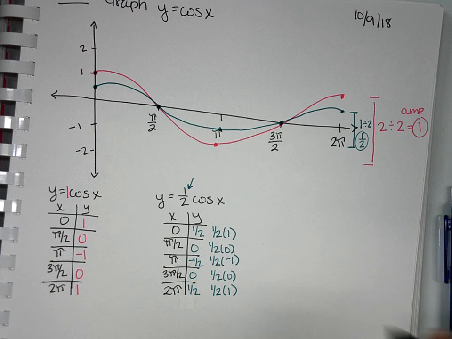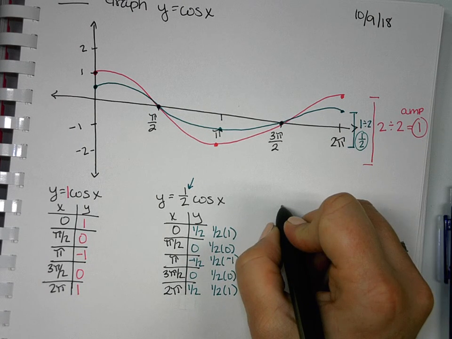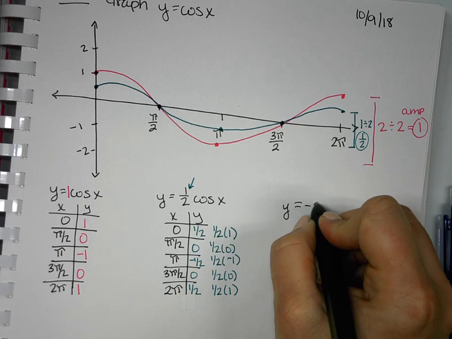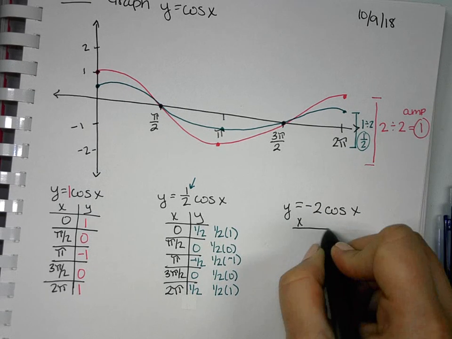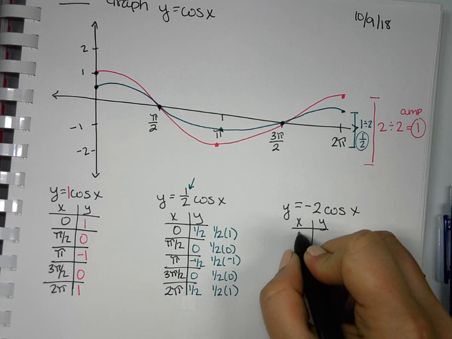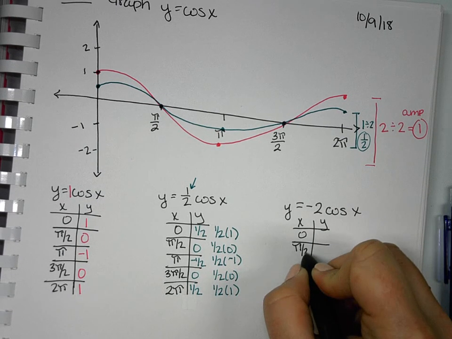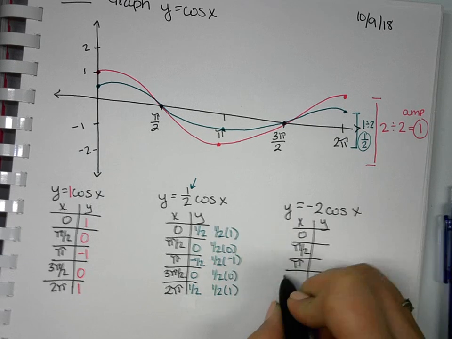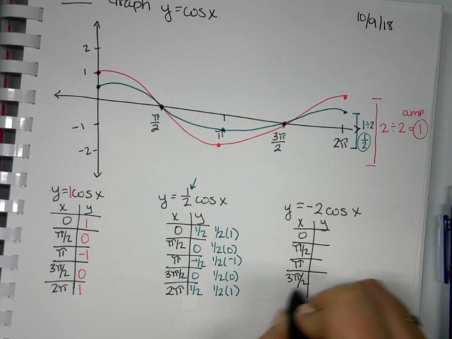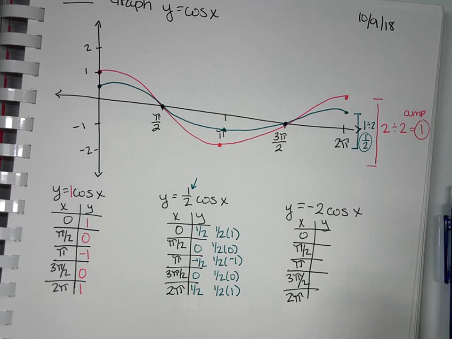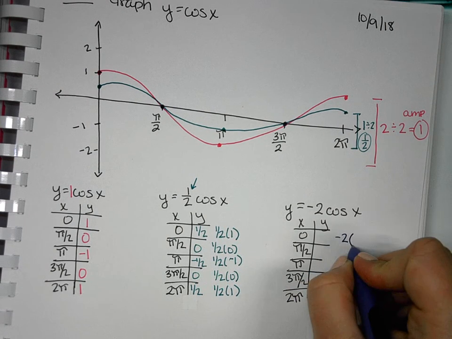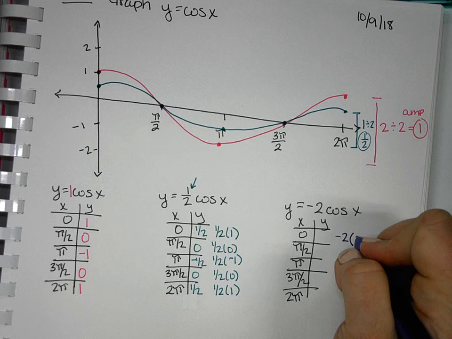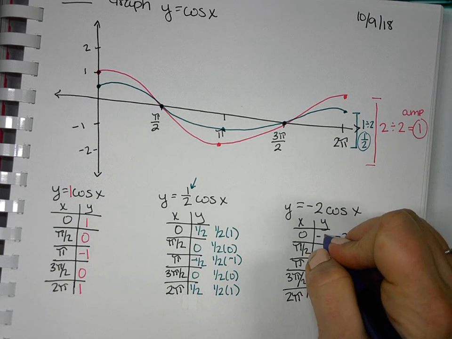Okay, so last one I wanted to do here on this graph was y equals -2 cosine x. So this is similar to the one we did in class with sine though. So 0, pi over 2, pi, 3 pi over 2, and 2 pi. We'll do this one in purple. So -2 times cosine of 0, which is 1, gives -2. -2 times -1 is 2.